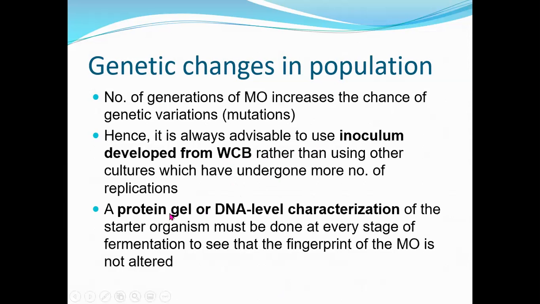To confirm, you can run a protein gel or a DNA level characterization of your inoculum or starter microorganism at every stage of the scaling up to see that the fingerprint of the microorganism doesn't change.